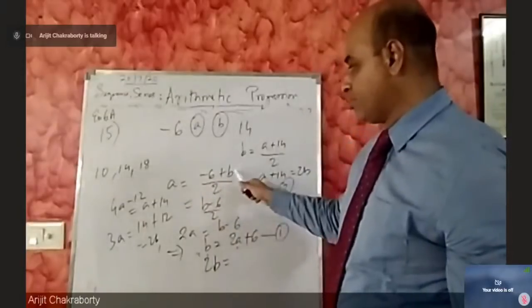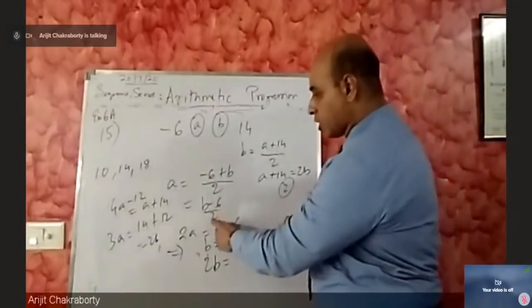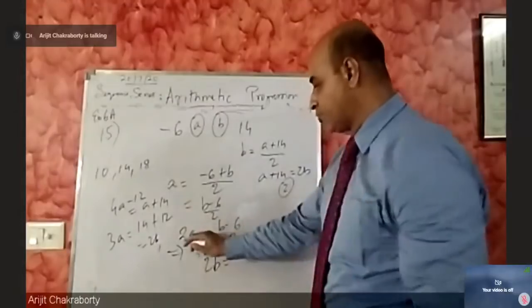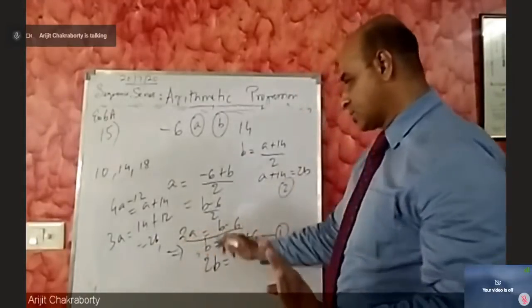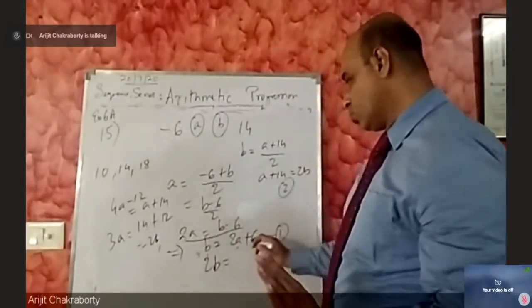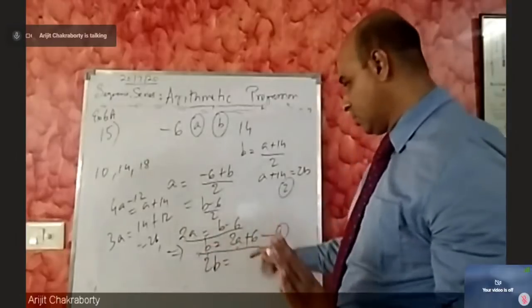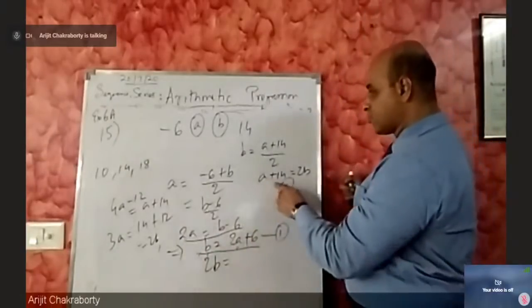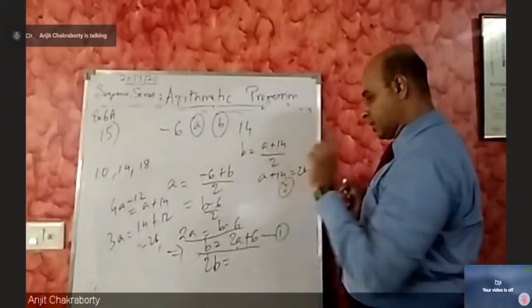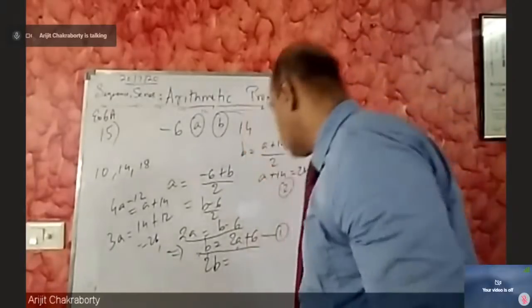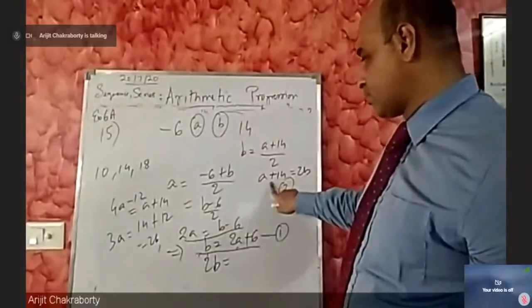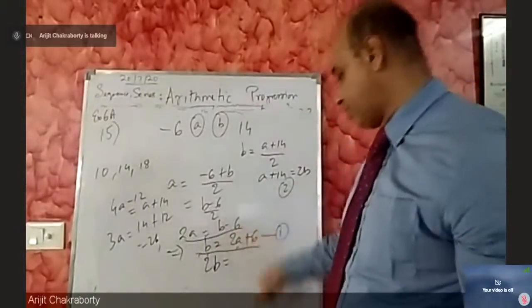A is equal to B minus 6 by 2. So by cross multiplying we get 2A equal to B minus 6. Fine. So B is equal to 2A plus 6. This is fine now. Here we have got A plus 14, 2B equal to A plus 14. Fine. Okay. So I have got 2B equal to A plus 14. Here I have got B equal to 2A plus 6.